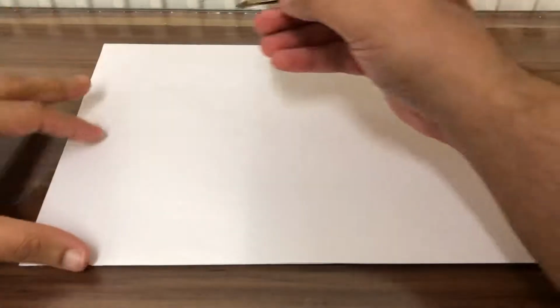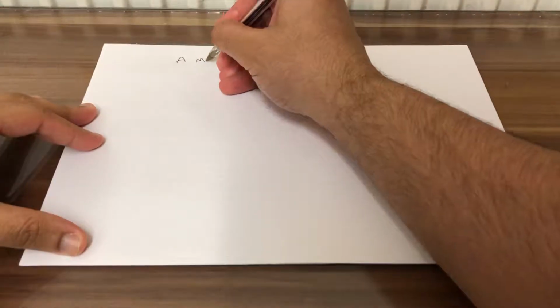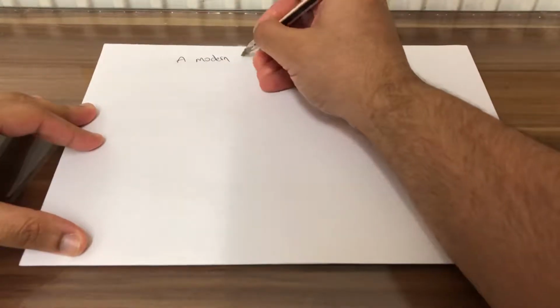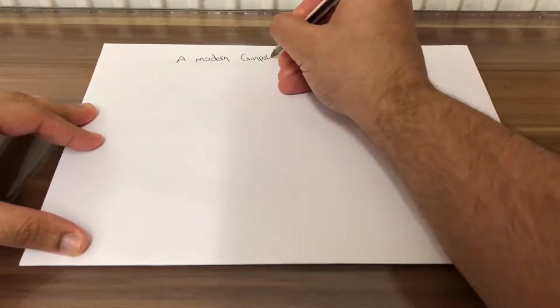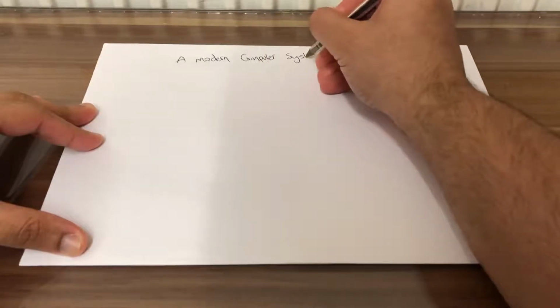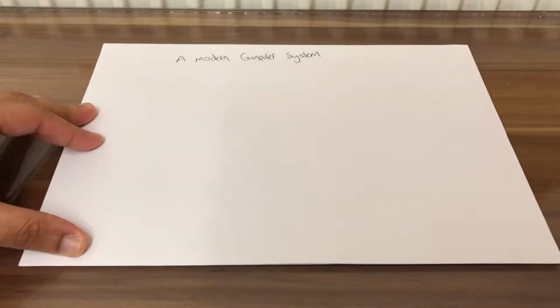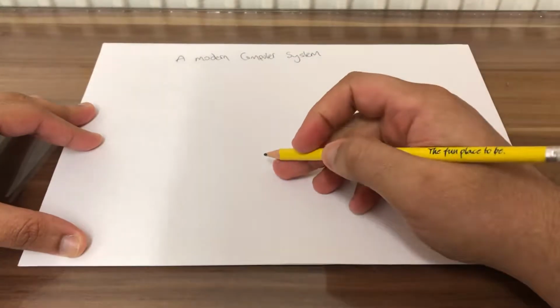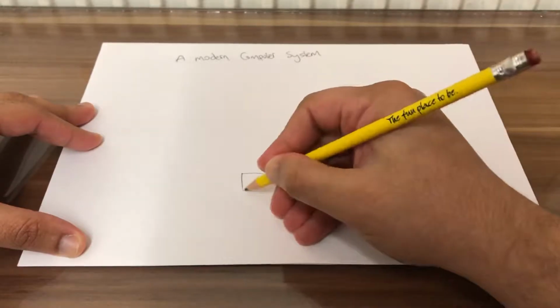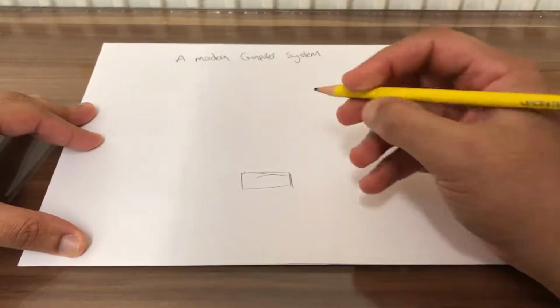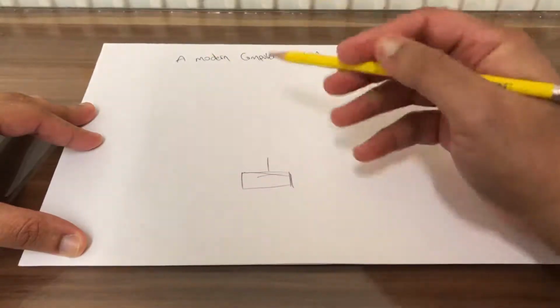We can bring in the diagram of a modern computer system. A modern computer system. The diagram will be on screen. So we need a box for the memory, a couple of more boxes.